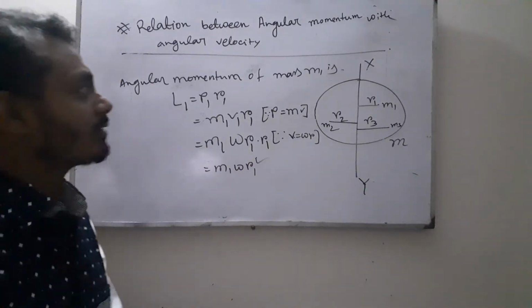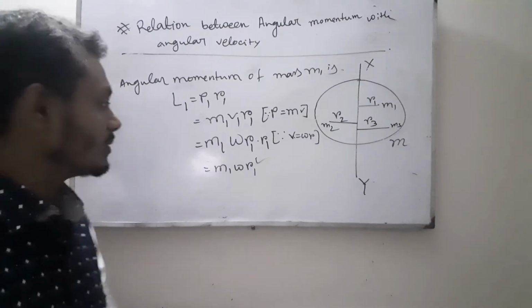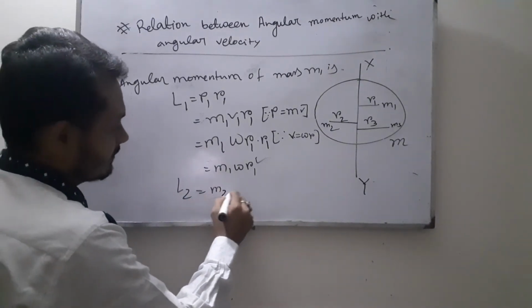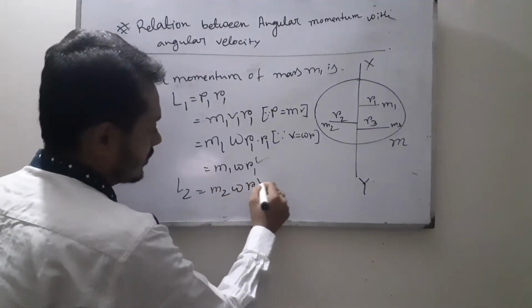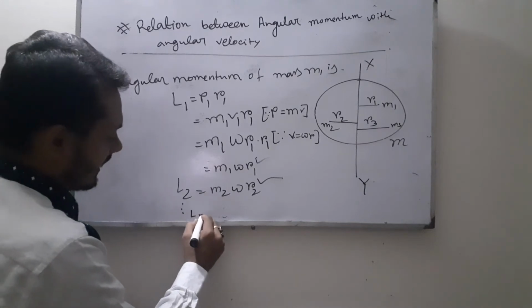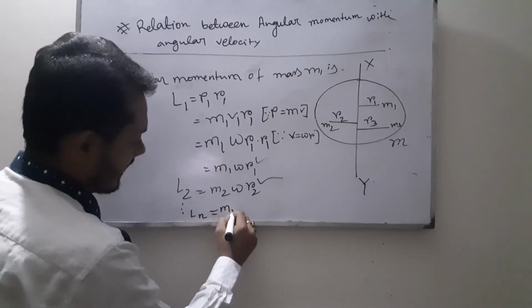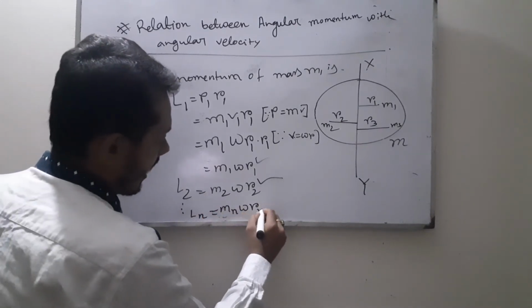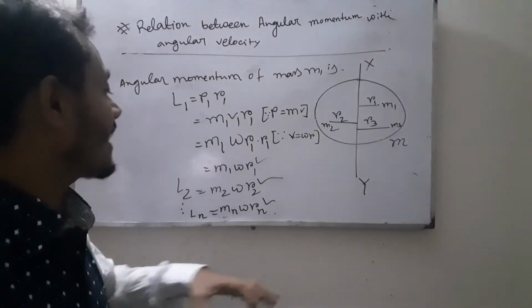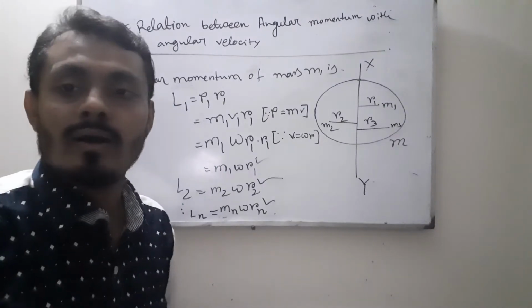So the angular momentum of mass m2 is similarly L2 equal m2 omega r2 square, and likewise the angular momentum Ln equal mn omega rn square. So now we find the total angular momentum of the body.